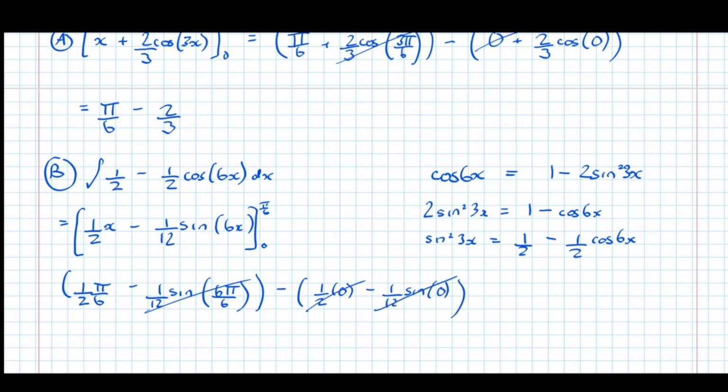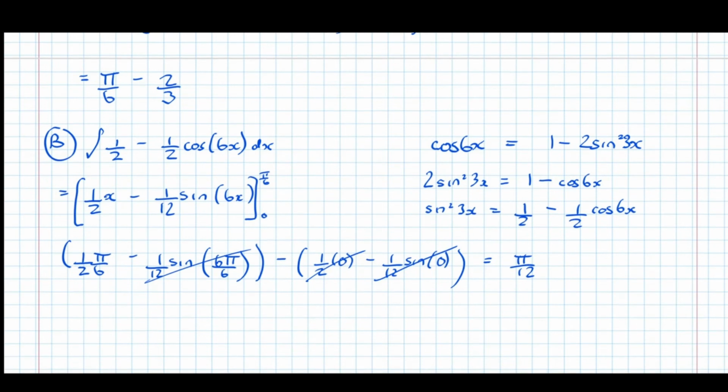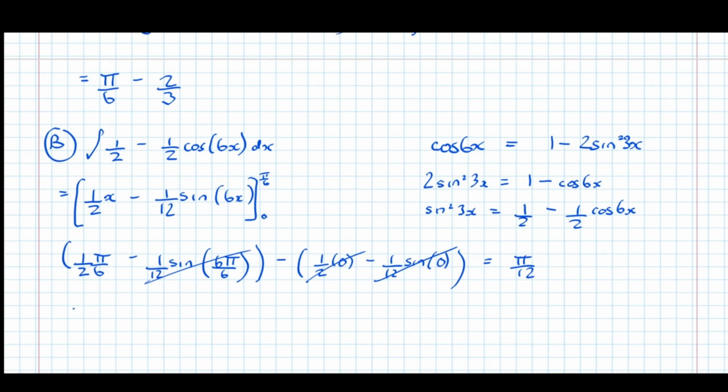Again they're both 0, equals pi over 12. So there's our answer to that part. Adding our two answers together, therefore the area is equal to pi over 6 minus 2/3 plus pi over 12, which is equal to pi over 4 minus 2/3.